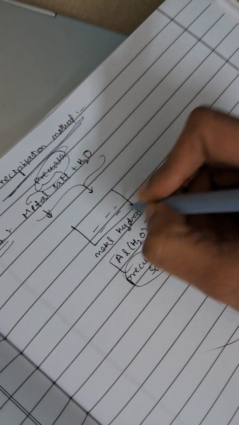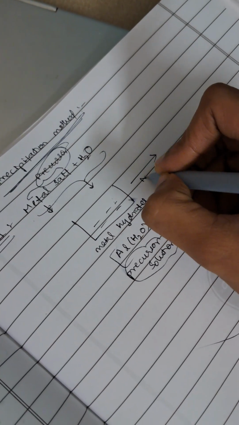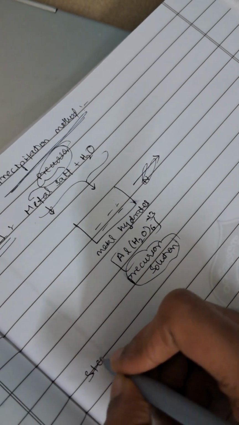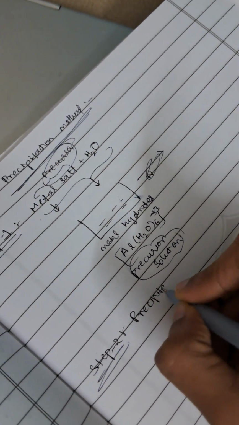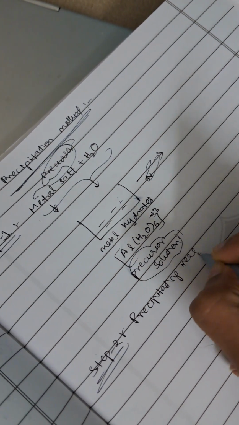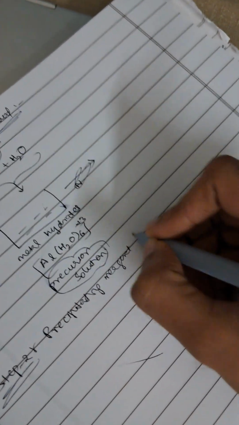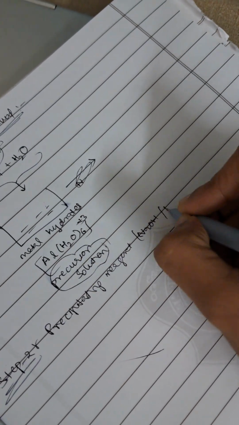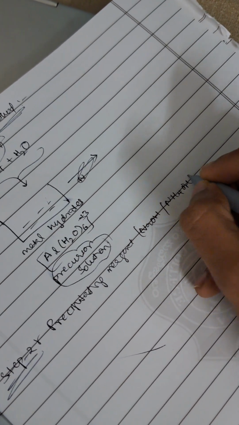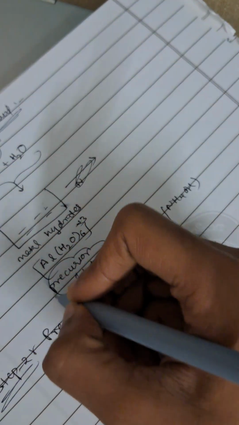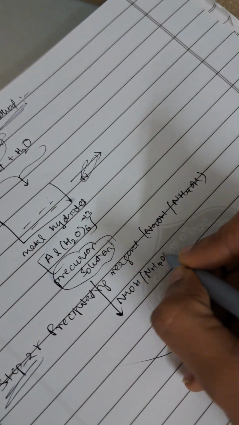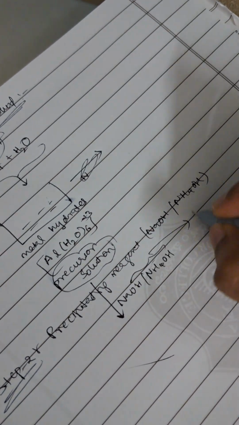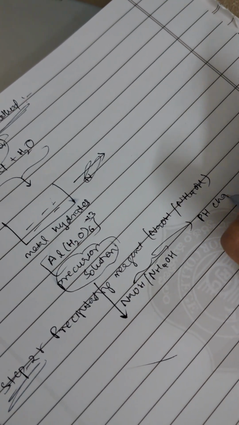Now in this you will add, step 2, a precipitating reagent. Precipitating reagents like NaOH or NH4OH are added. What it will do is change the pH.